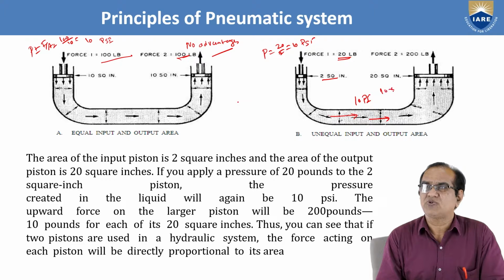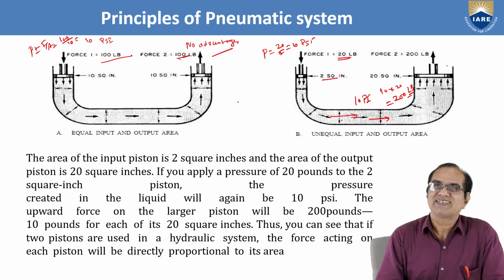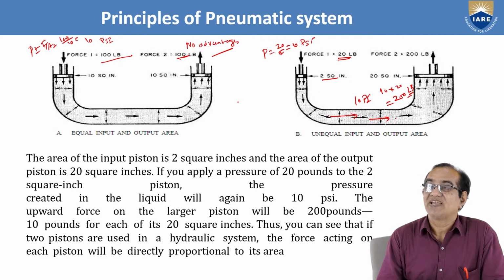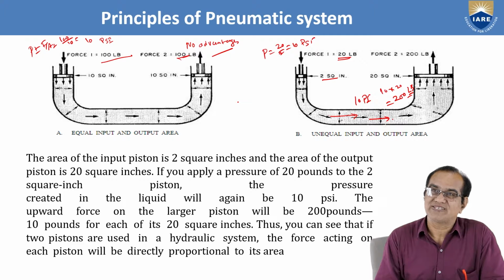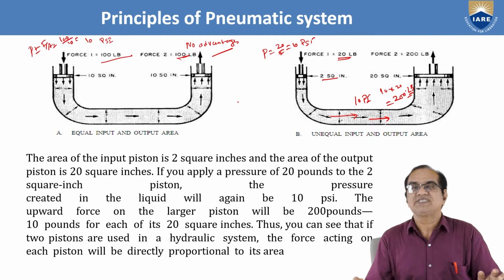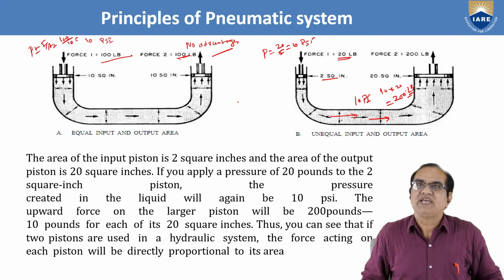So 10 into 20, 200 pounds of load it can lift. So how much advantage? By applying 20 pounds, you can lift 200 pounds by only changing the area. That is the advantage of the hydraulic system, and the same advantage is happening for the pneumatic system also. So this is the basic principle of any pneumatic system.